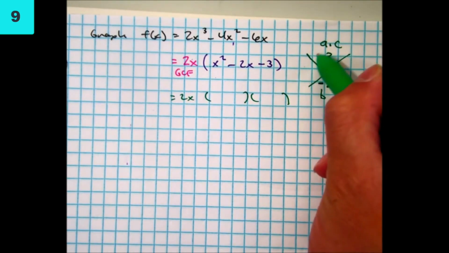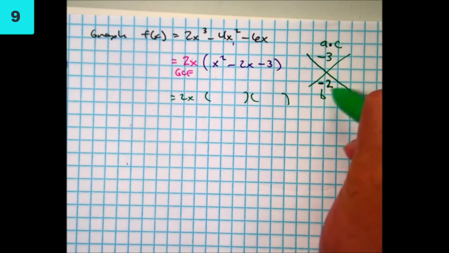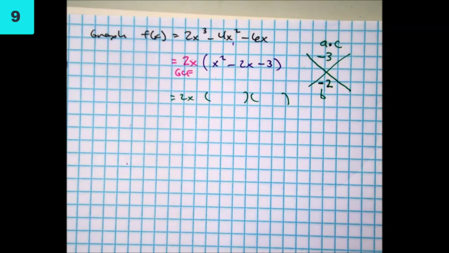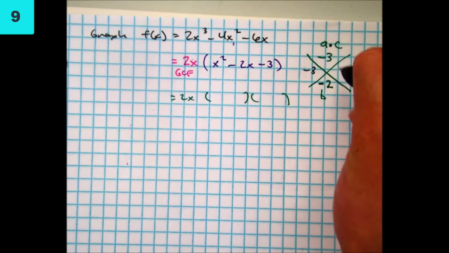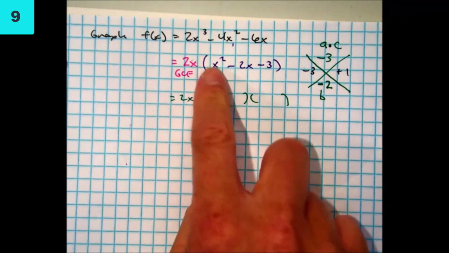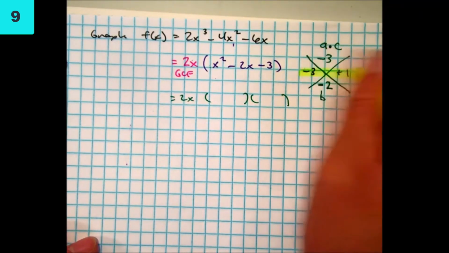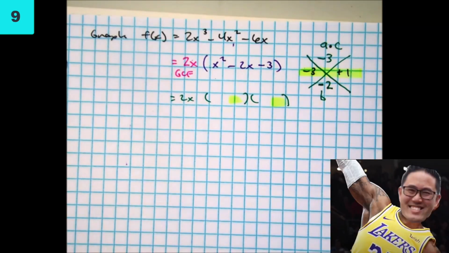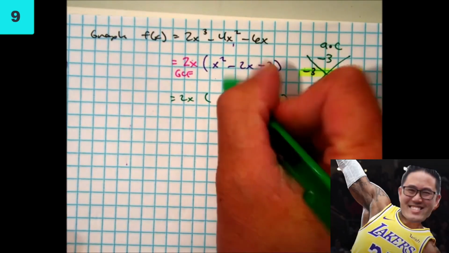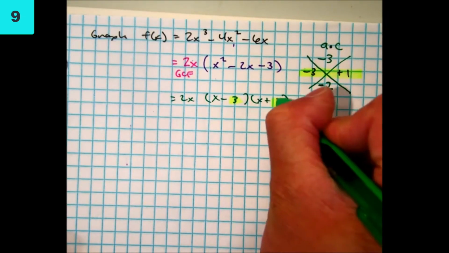I need two numbers that multiply to be negative 3, but add to be negative 2. So negative 3, positive 1. And if you watch my previous videos, you realize that if your a value is equal to 1, you only have to do the x. So these two values are going to go here. So I have x minus 3 and then x plus 1.